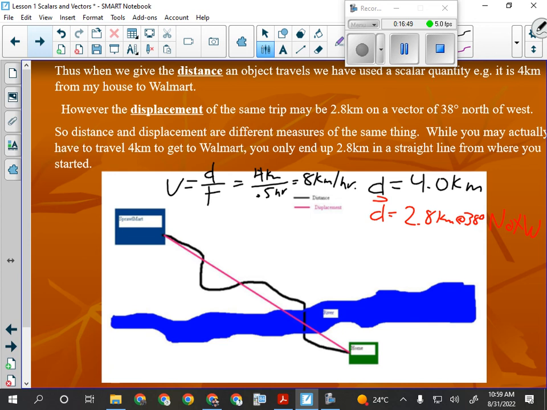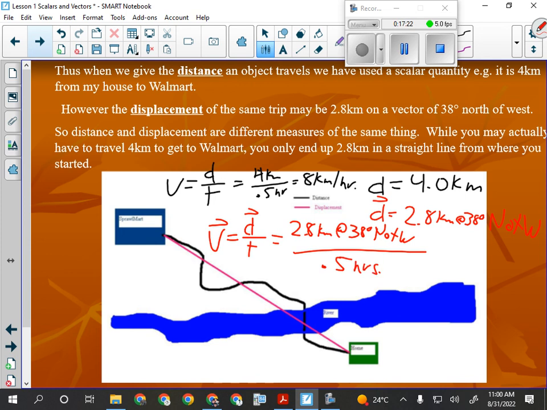Okay, what's my velocity? Good, that one has a decimal in it, I can't do it in my head. Velocity is displacement divided by time. 2.8 kilometers at 38 degrees north of west divided by 0.5 hours.